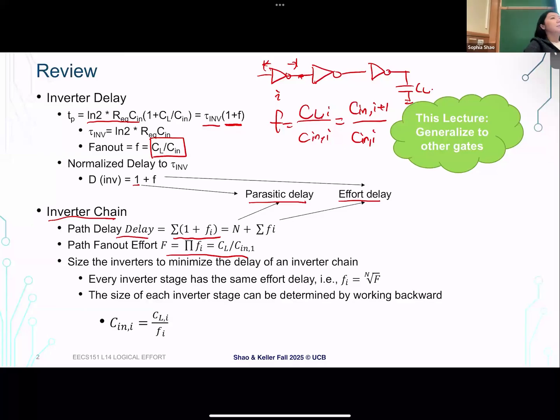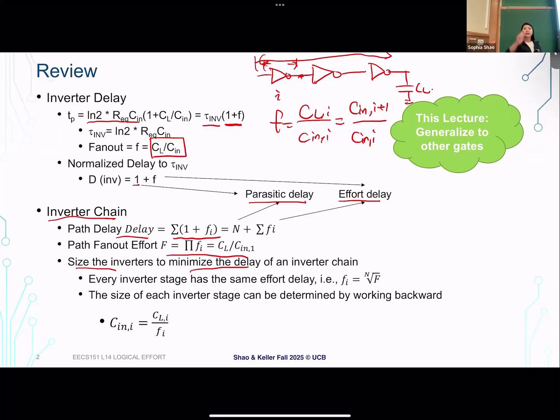Right, we mentioned overall, when we do circuit analysis, we want to minimize the overall path delay, right? So here is the delay of the entire path. We want our circuit to typically run faster, right, before we introduce energy. So what we want to do is size our inverters, which is, again, a very important parameter in the circuit design process, so that we can minimize the delay.